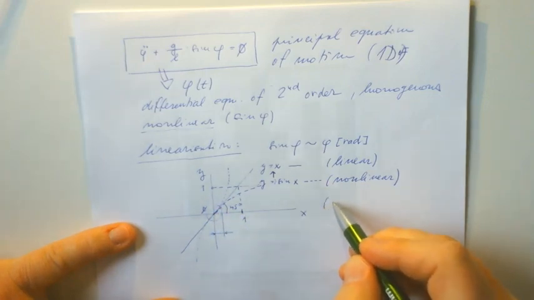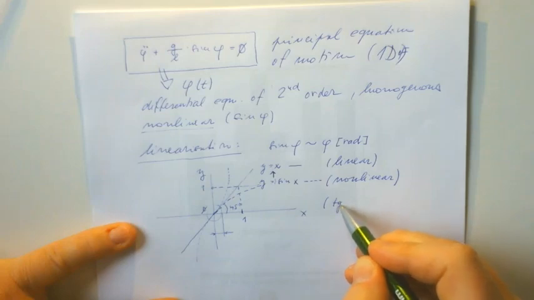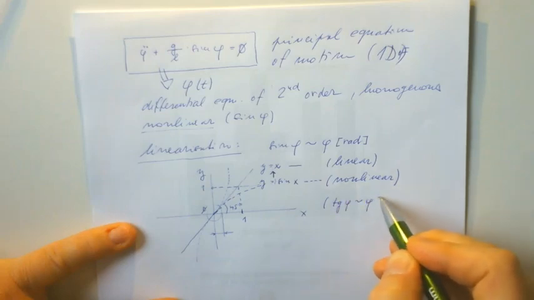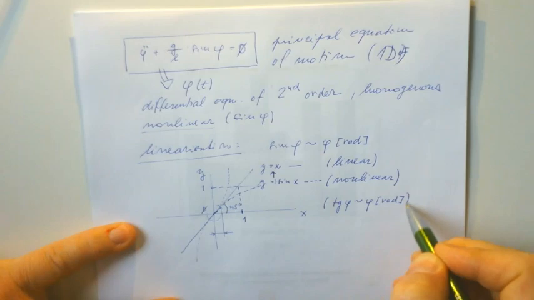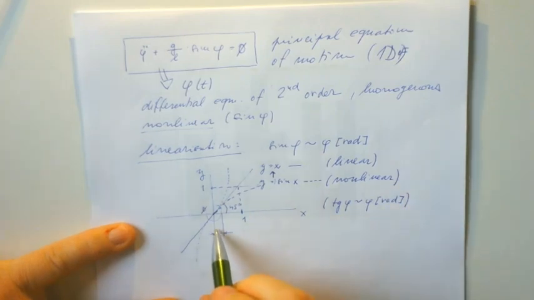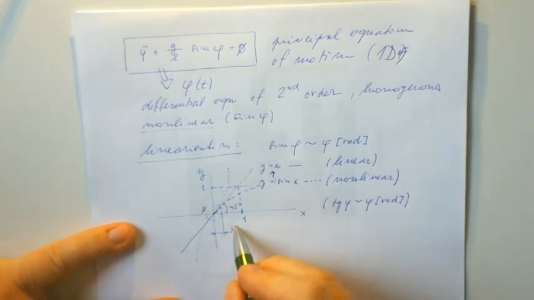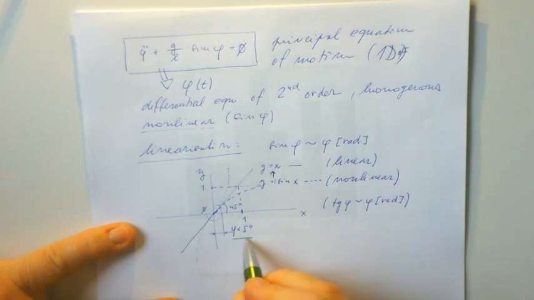So tangent phi is approximately equal to phi too. And what is it? Small area. So when phi is less than 5 degrees.